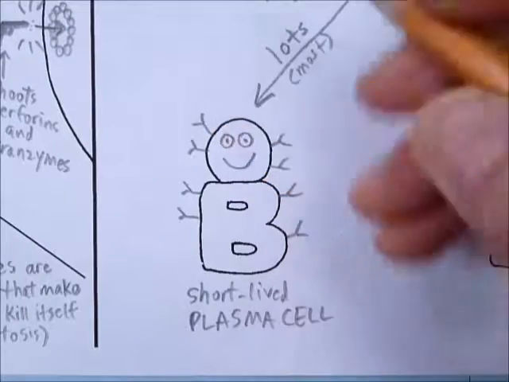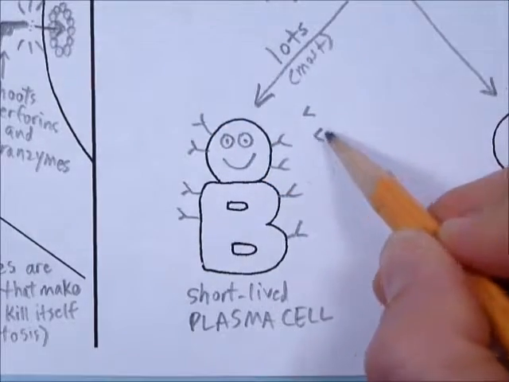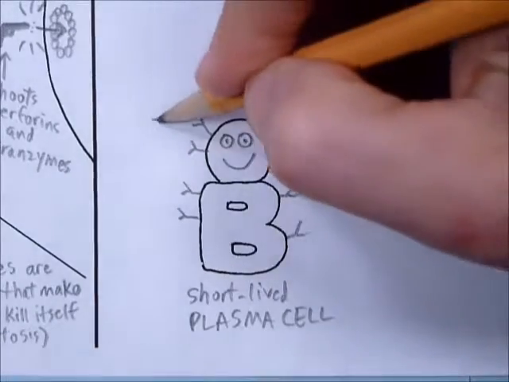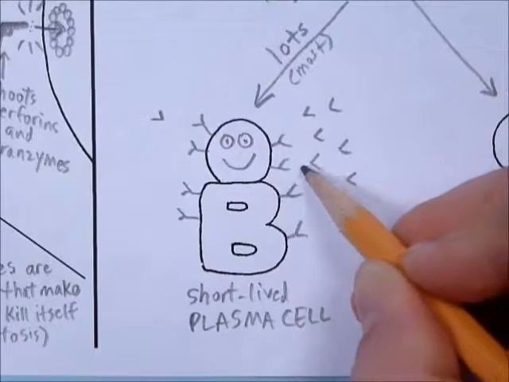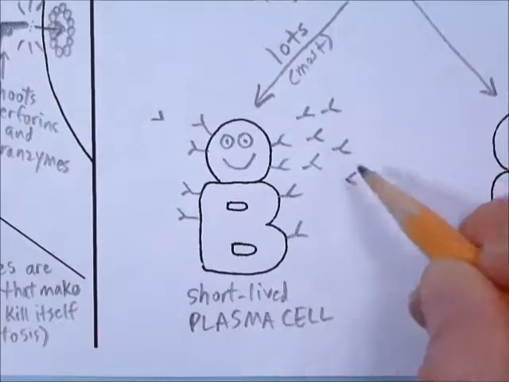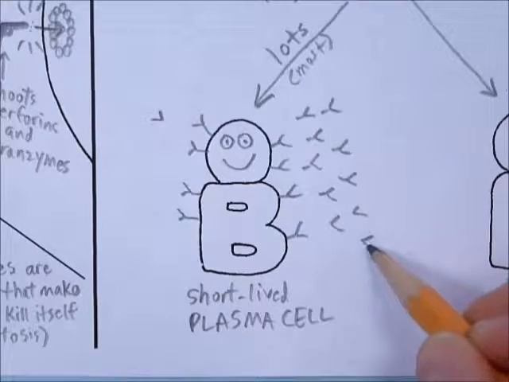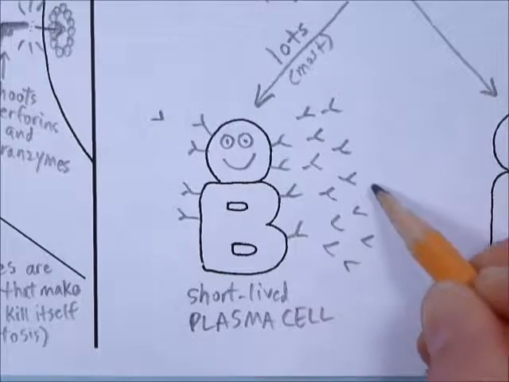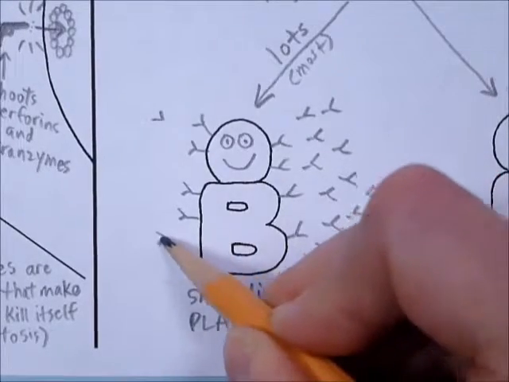Now they come off, so we're going to make a lot of these kind of streaming away from this B cell. And I found that it's easiest, I think, if you make little V's first and then you put the sticks on. I just go faster when I do that. But you can make them any way you want to.